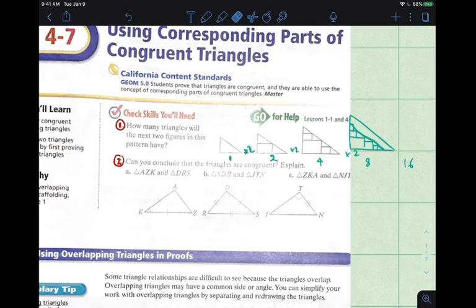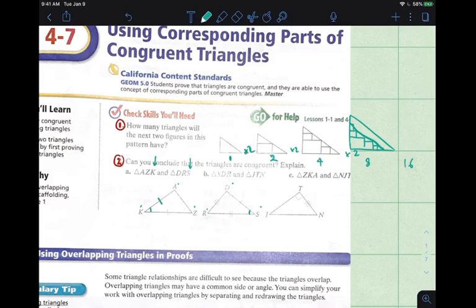For number 2, can you conclude that the triangles are congruent? Explain. I'm noticing here for this first set, AZK, so I'm going in this direction, AZK, and DRS. As I'm looking, there are some markings here and here, so angle K should correspond with S. Nice, I have that.